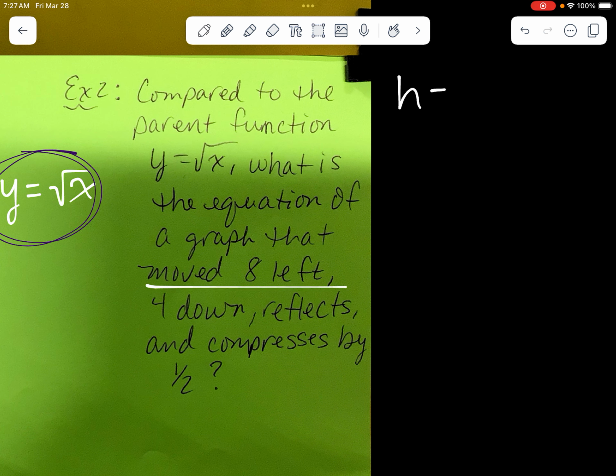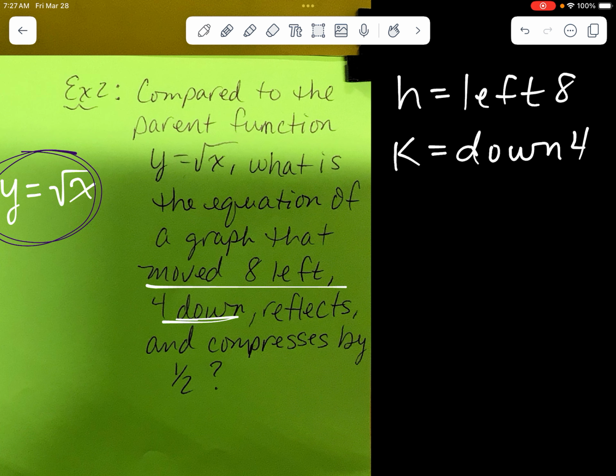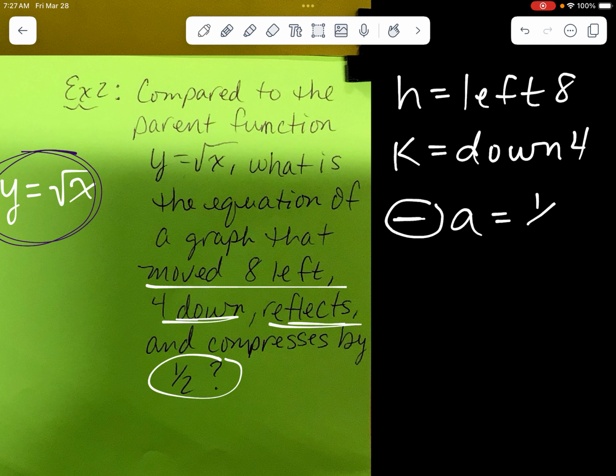Okay, so that's h is left 8. 4 down, that's my k. So down 4. It reflects, so I know I'm going to have a negative in front of the equation. That's going to be in front of the a value. And we have a compression of 1/2. So I can say that my a value is going to be negative 1/2.